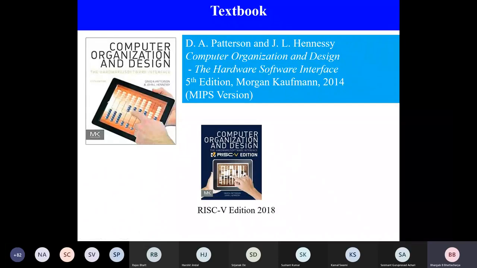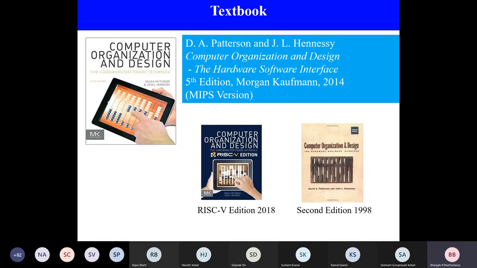We will mostly use this 2005 edition, which is called the MIPS version. And occasionally we may refer to the RISC-V version, that is the 2018 version. And as you can see, the second edition, which was a very popular book, was published more than 20 years ago, in 1998.